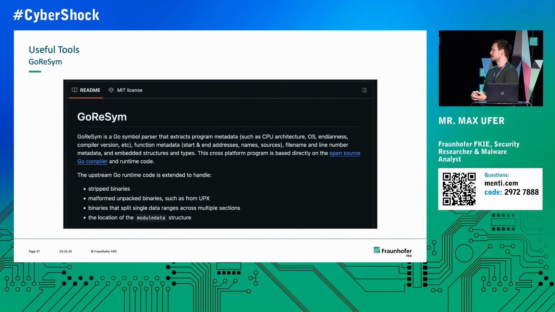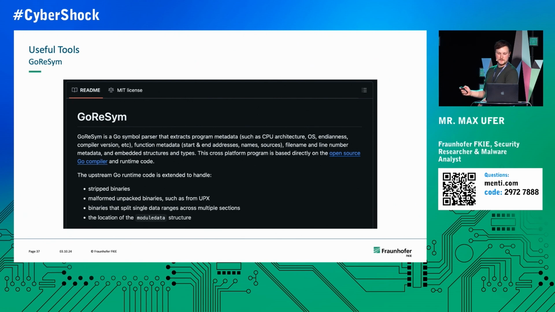It was created by Google, and it basically does the same thing as redress, but way more. It also comes with plugins for multiple different disassemblers, I think at least for IDA, Ghidra, and Binary Ninja. It tries to fill the gaps that some of these tools have when it comes to parsing Go binaries.